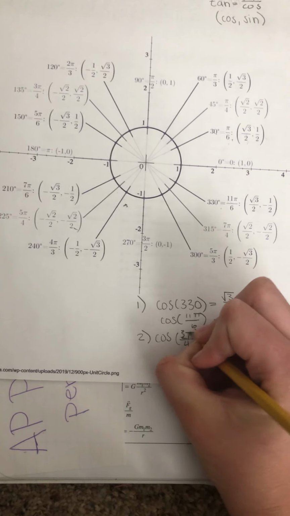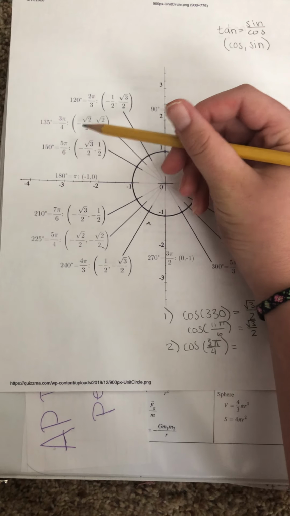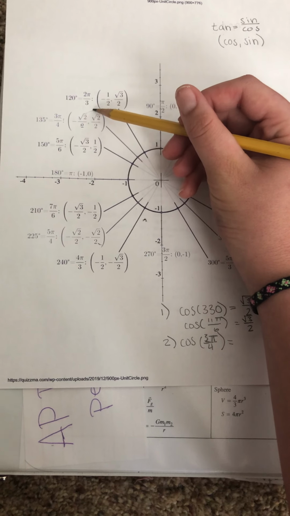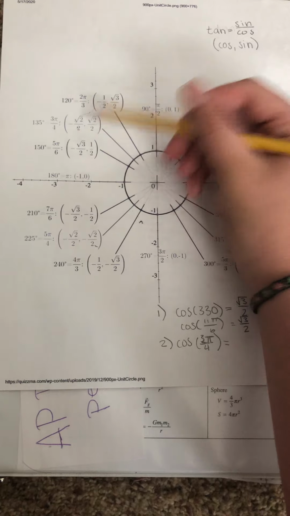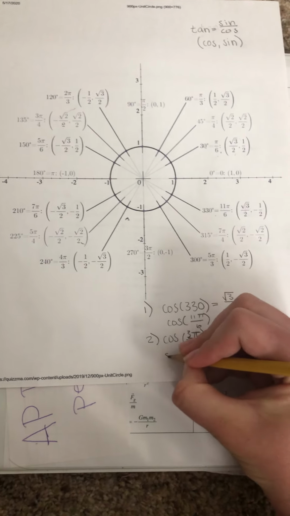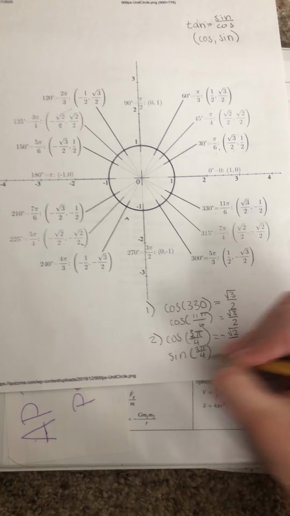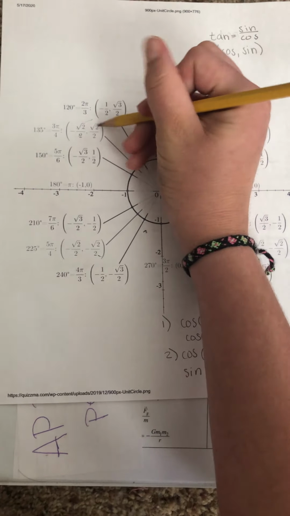That seemed a little off. 3 pi over 4 radians. We would look at the x point. That would be negative radical 2 over 2. And the sine of 3 pi over 4 radians would be equal to radical 2 over 2.